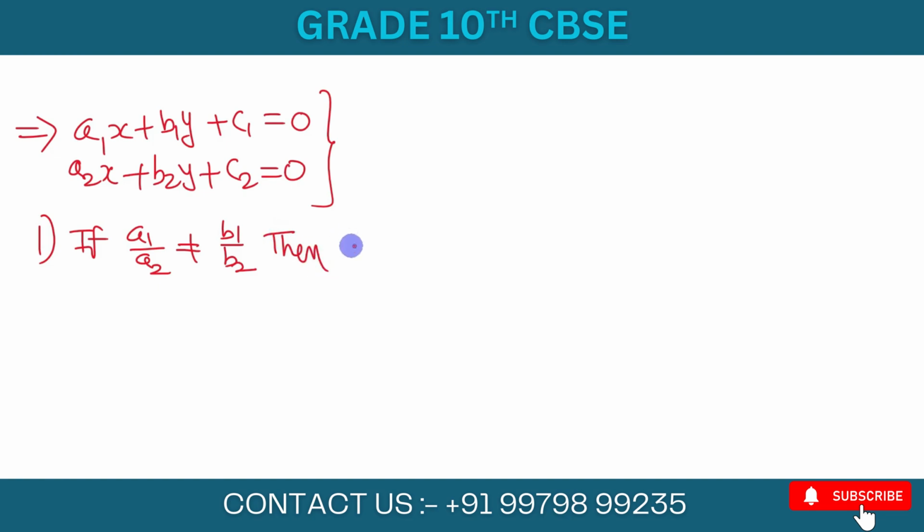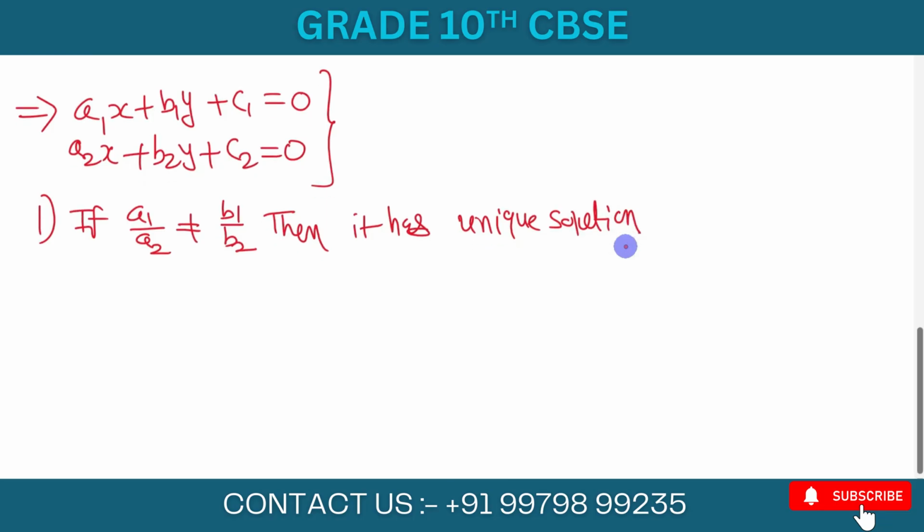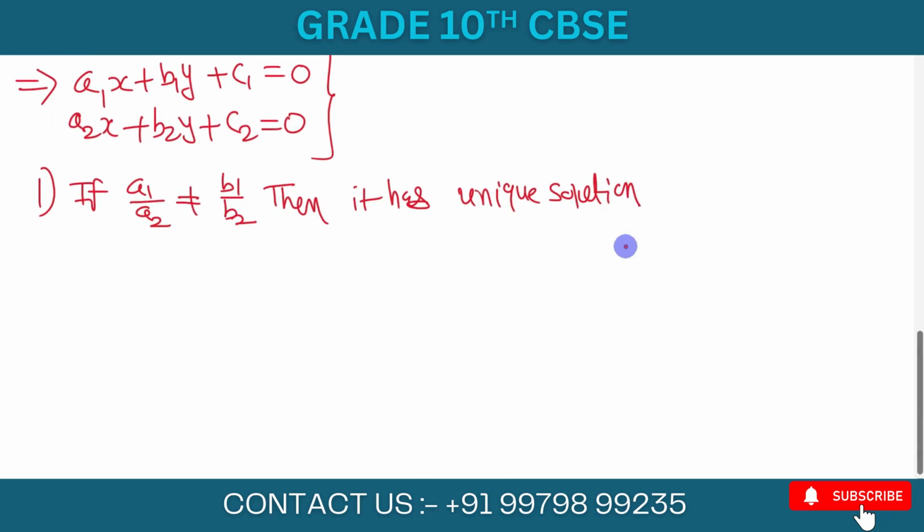Case number one is what? If a1 by a2 is not equal to b1 by b2, then this pair has a unique solution.